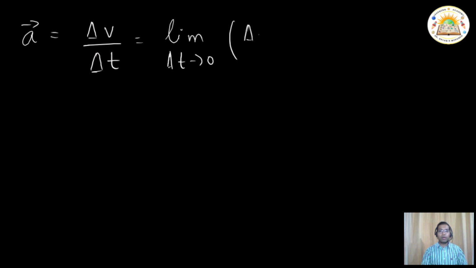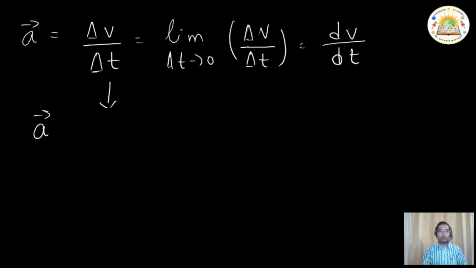And acceleration, all of us know it to be nothing but delta V by delta t, or if I apply the limit delta t tends to 0, delta V by delta t can be written as dV by dt. So let us proceed from this expression of delta V by delta t.